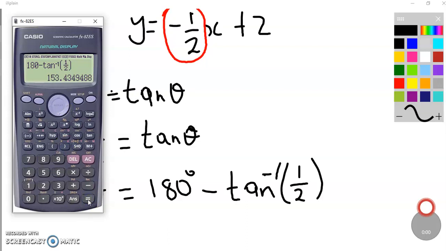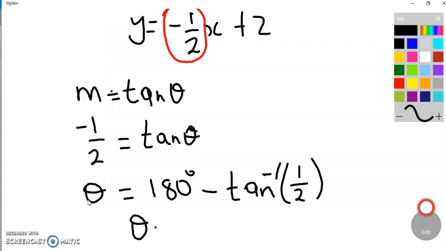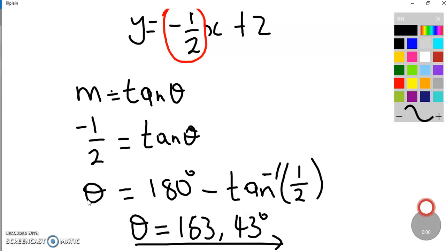And we get 153,43. Therefore theta is 153,43 degrees. This is how we find the angle of inclination.